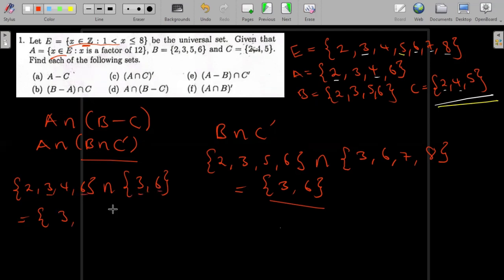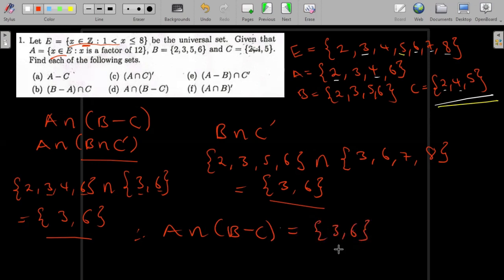There's 6 there, there's also 6 there, so I write 6 there. So 3, 6 is what is common, and this is my final answer. A intersect B minus C is equal to the set containing 3 and 6.